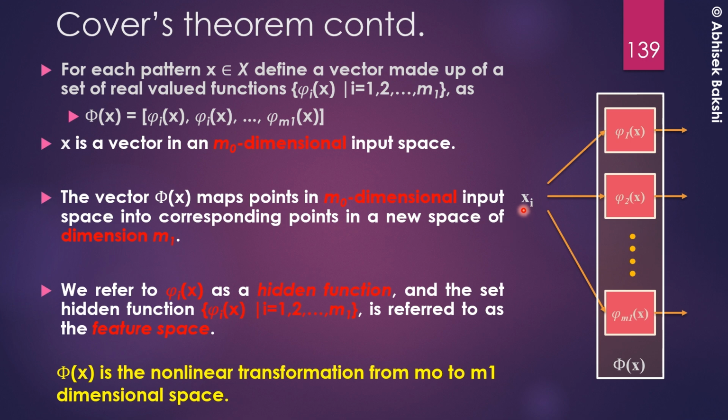So what I am doing is passing that particular xi element with m0 dimension to this function. The same element I am also passing to this function, and the same element to the phi 3(x) function, till the same m0 vector xi I am passing to the phi m1 function.